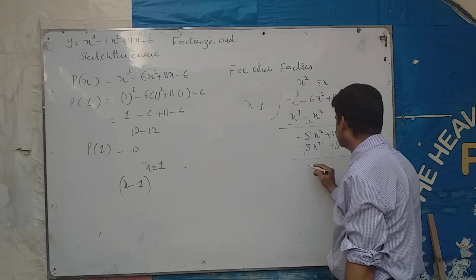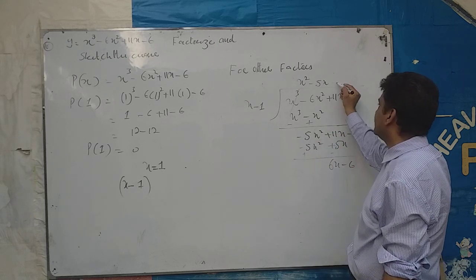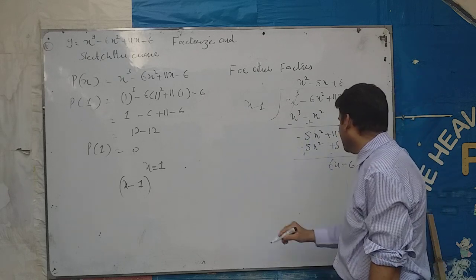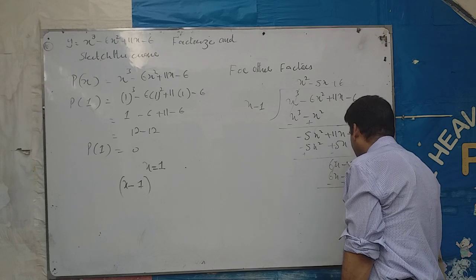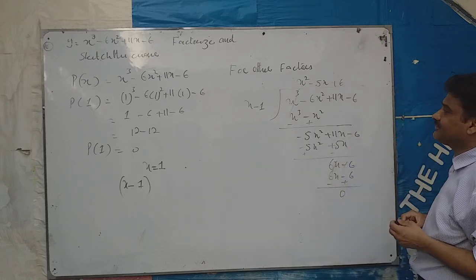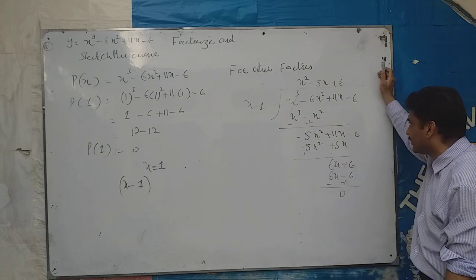Changing the sign, we get 6x minus 6. We multiply by plus 6, and 6 multiplied with x minus 1 gives 6x minus 6. We get remainder 0. Hence the other factor will be x squared minus 5x plus 6.